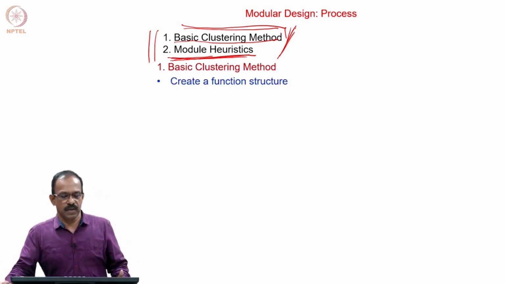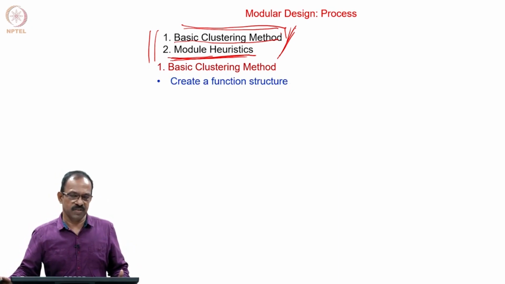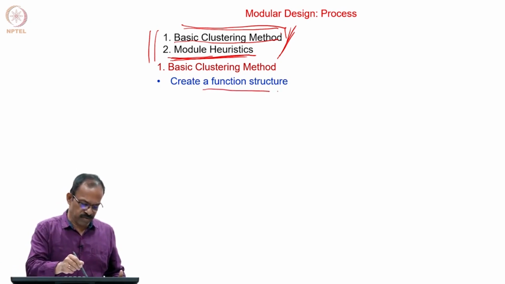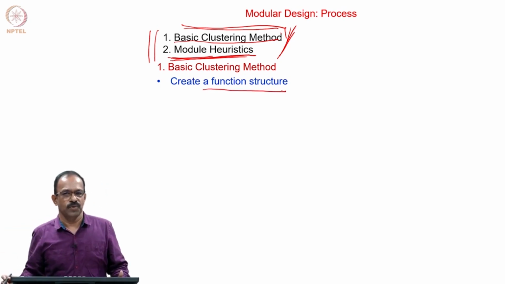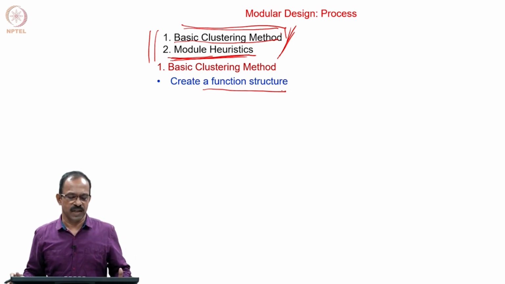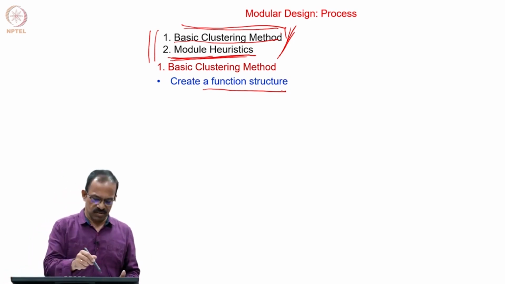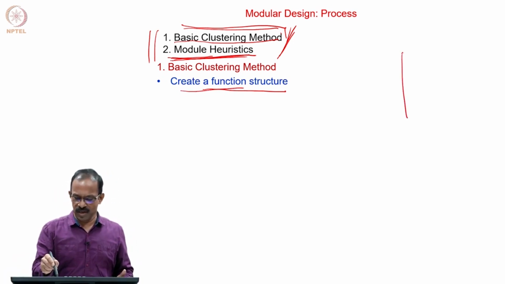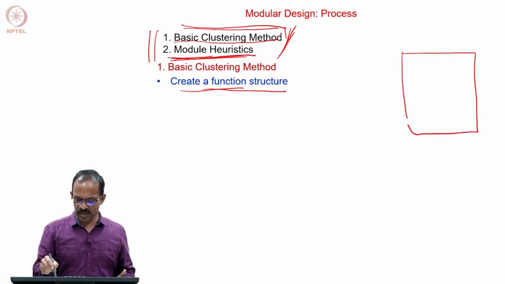In the basic clustering method, the steps involved in getting the modules are as follows. The first step is to create a function structure. We know what a function structure is. Using the flow method, we can create a function structure: for any product, you identify the functions using the flow method.